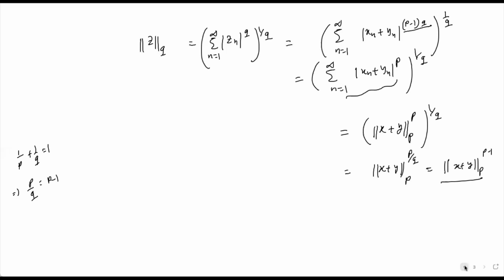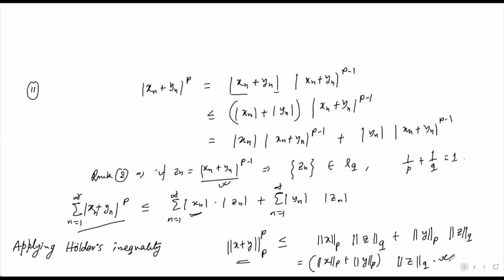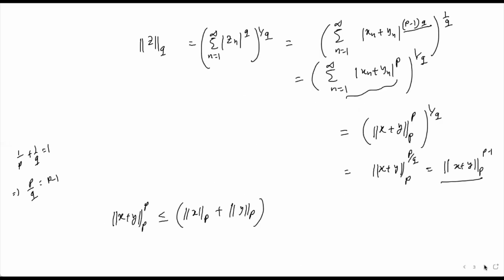So we replace this quantity in this inequality, then we get the p norm of x plus y to the power p on the left hand side, and the right hand side is less than or equal to the p norm of x plus the p norm of y times the p norm of x plus y to the power p minus 1. This implies the p norm of x plus y is less than or equal to the p norm of x plus the p norm of y.